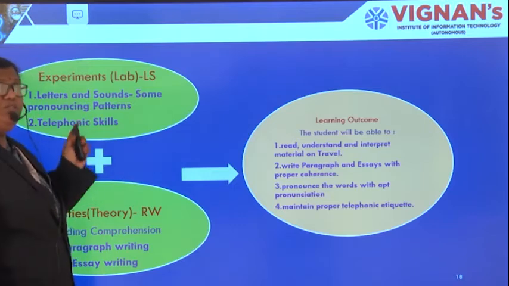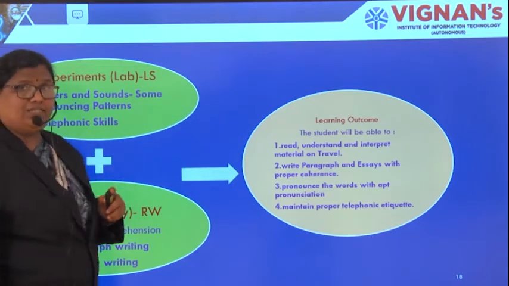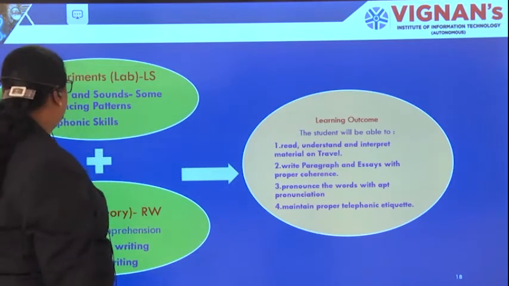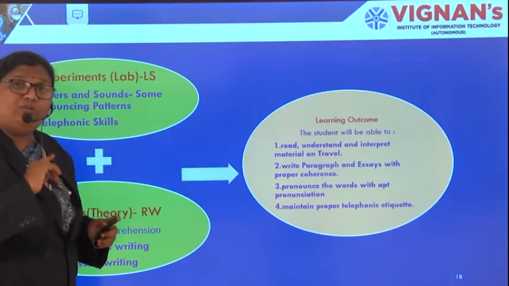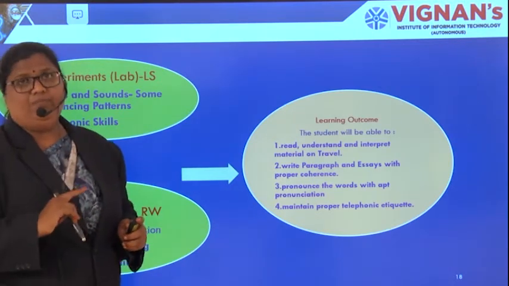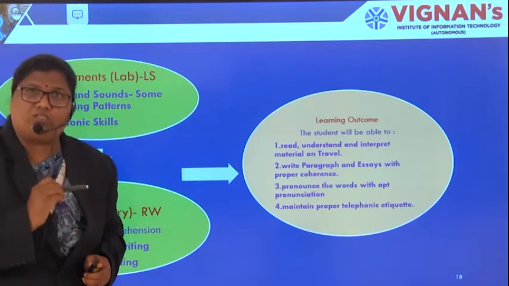So what are the experiments and activities? Here the most important thing is letters and sounds, some pronouncing patterns and telephonic skills. When I told you about the sub-skills of speaking, I told you pronunciation is very, very important.